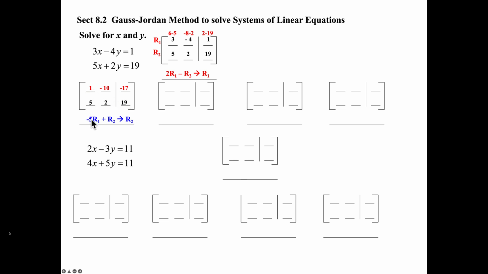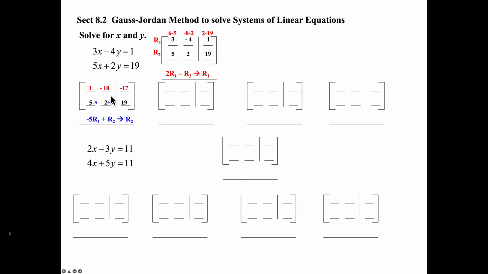So negative 5 times the 1 is negative 5, and I add it to the 5, and I'm going to replace this 5 with 5 minus 5. Negative 5 multiplied to the negative 10 in row 1 is going to be a positive 50 added to the 2. That will make it 52.